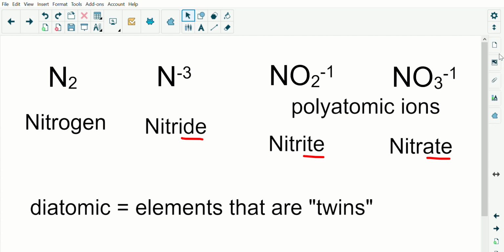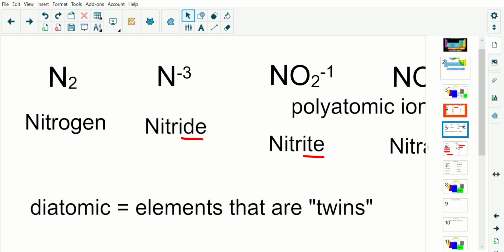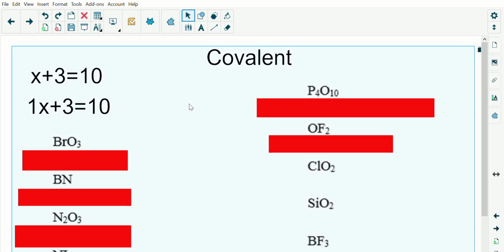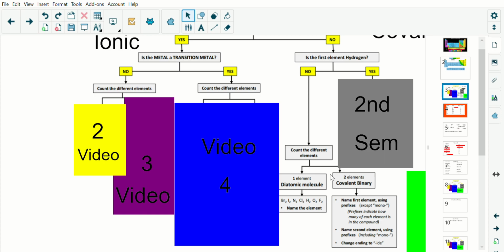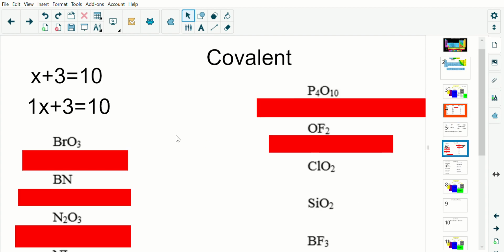So with that baseline information, let's get into naming. The rule that people mess up very often: the first element uses prefixes except mono. Why can't we use mono here but we can here? Well, let's look at this math problem.